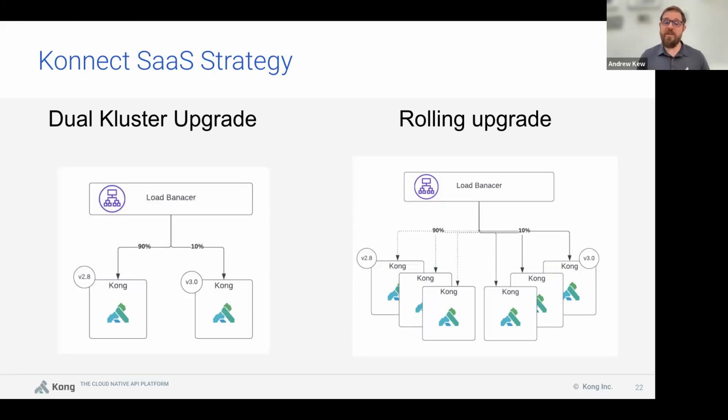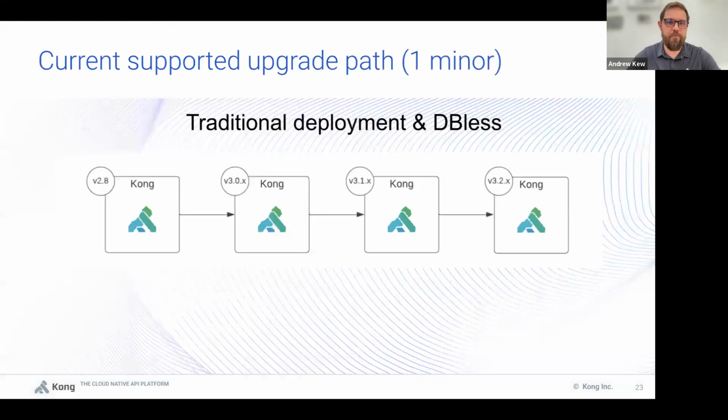A really nice feature within Konnect is that you don't have to worry about any sort of configuration migration. Konnect will know the version of your data plane and send the correct configuration down to the data plane. The other way of doing it is a rolling upgrade strategy, which is the standard way of upgrading your data planes like you would in your hybrid deployment mode.